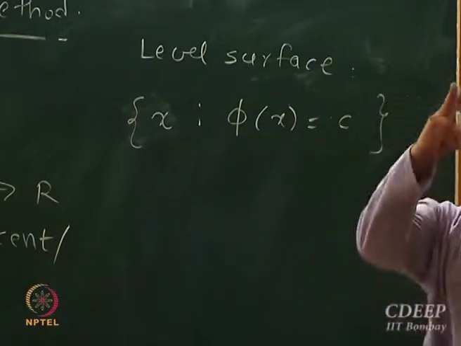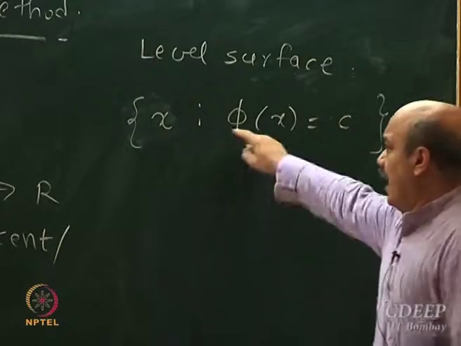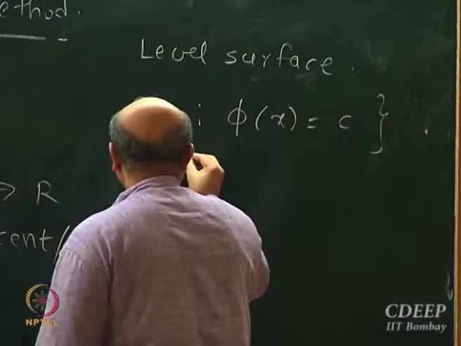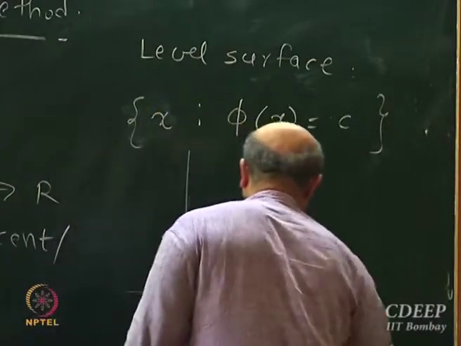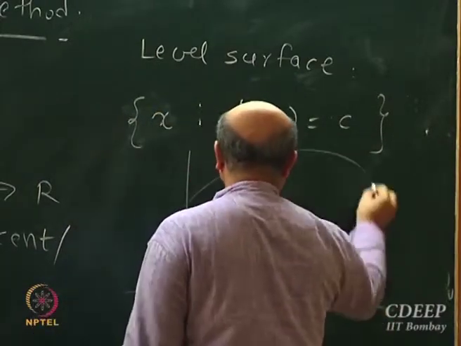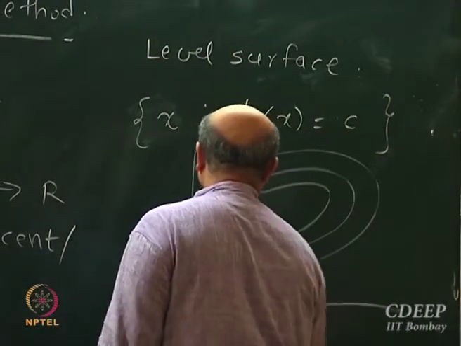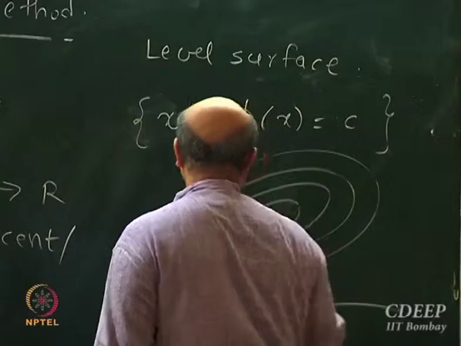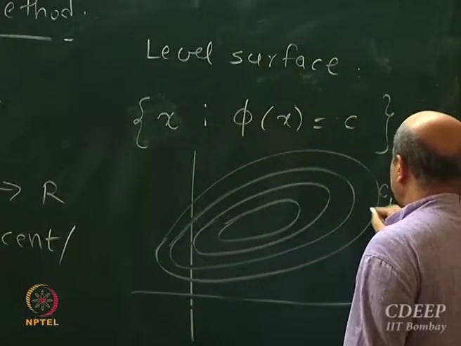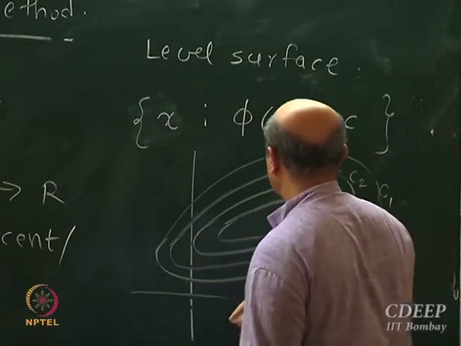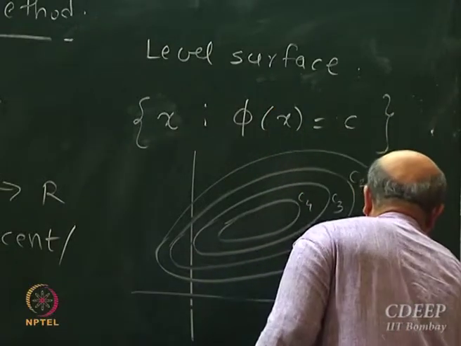Let's say if it is a two-dimensional object, if x is a vector in 2 dimensions, x1, x2, okay. So this is say C1, this is C2, this is C3, this is C4 and so on.